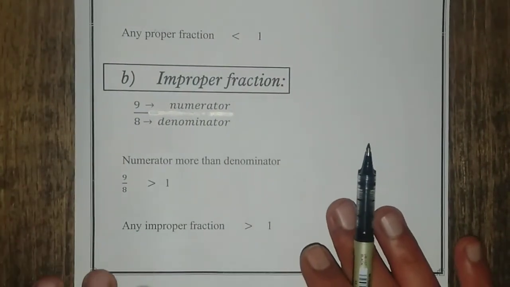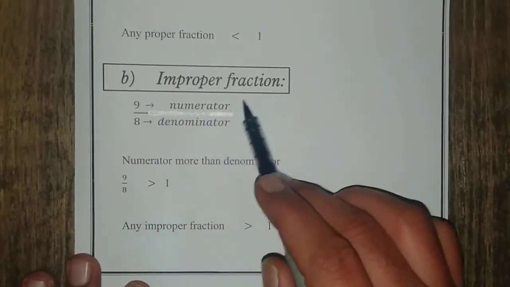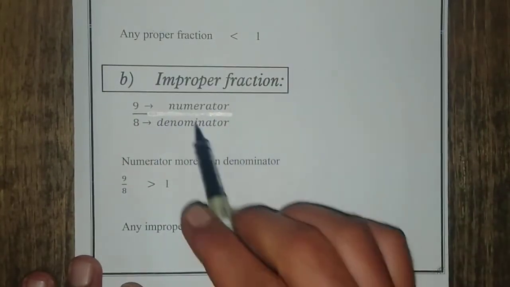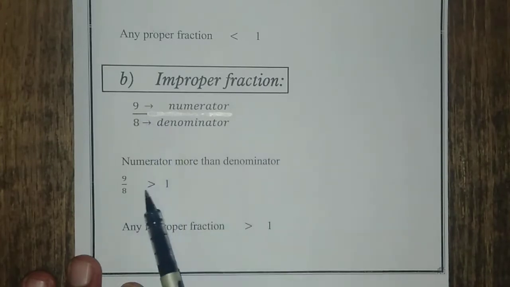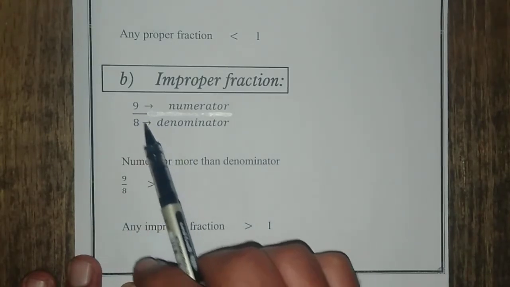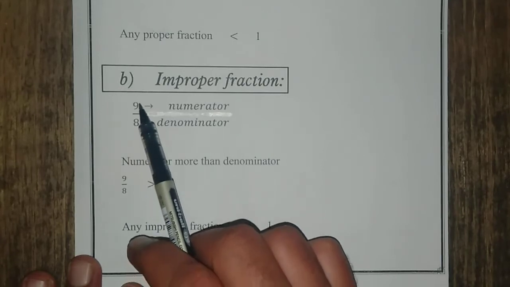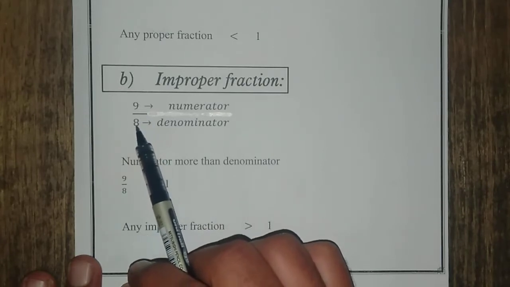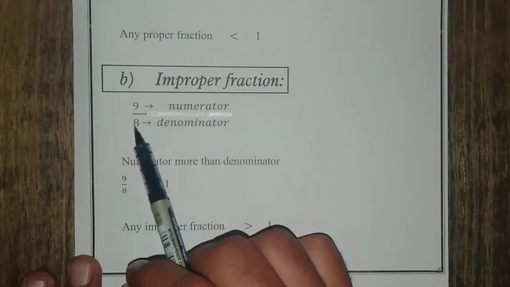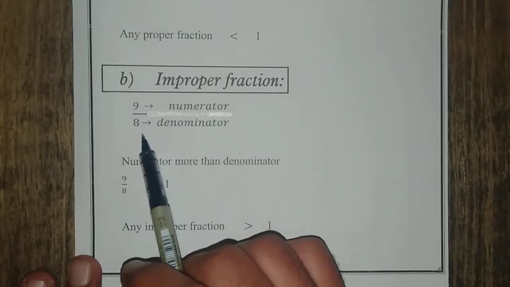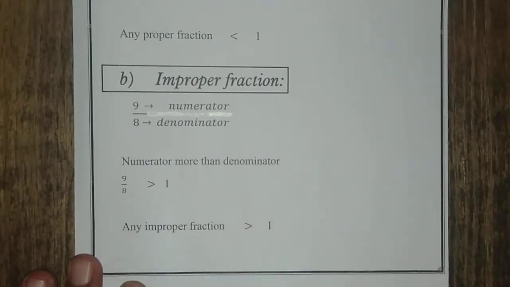The second type is the improper fraction. In an improper fraction, the numerator is more than its denominator. 9 greater than 8. 9 over 8 is called an improper fraction.